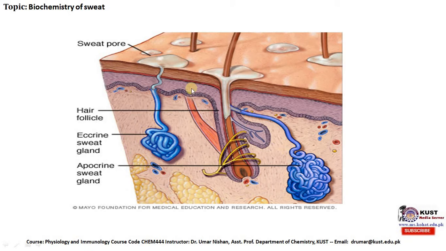So this diagram overall summarizes the location of the two broad categories, eccrine sweat gland and apocrine sweat gland. So this gives you an idea of how these glands are localized.